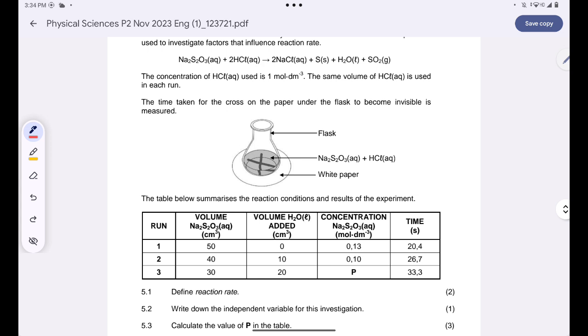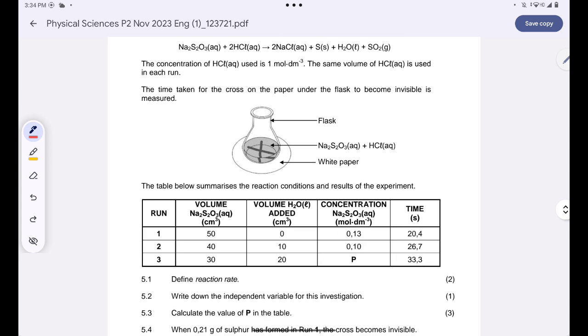And then we are told that the time taken for the cross on the paper under the flask to become invisible is measured.